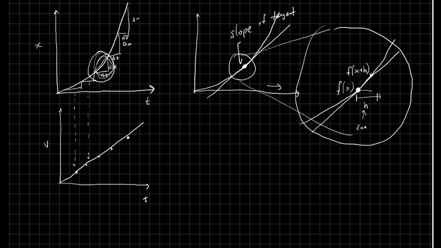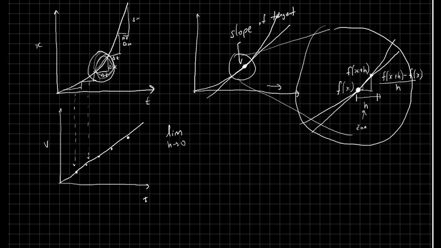So we can calculate the rise. The rise is just going to be f of x plus h minus f of x, and the run is simply h. What we want to calculate now is the limit as h approaches 0, so that's as this goes incredibly small.